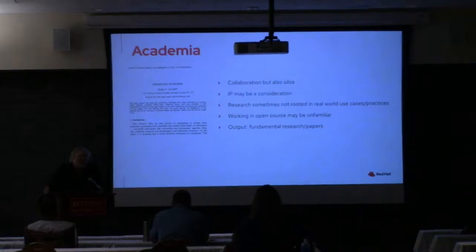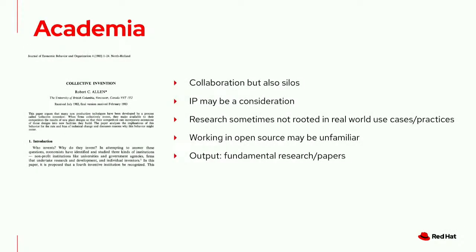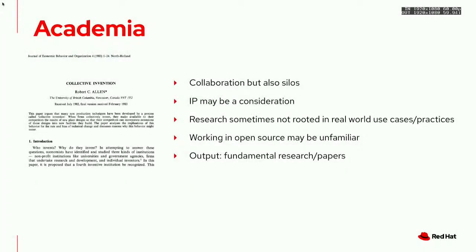What does that look like in academia? What is the research in academia? Well, there is clearly collaboration, but historically there have also often been a lot of silos within different disciplines at many universities.